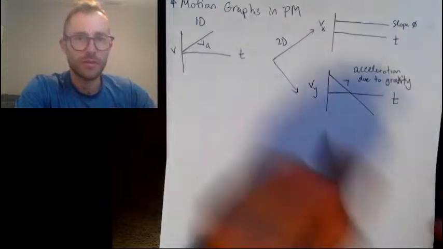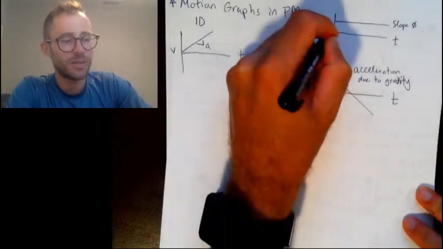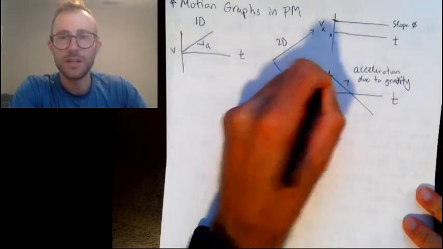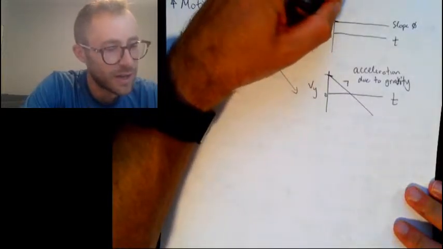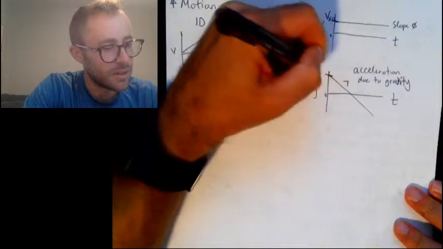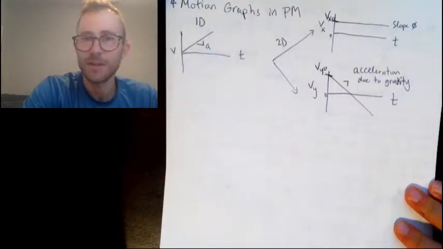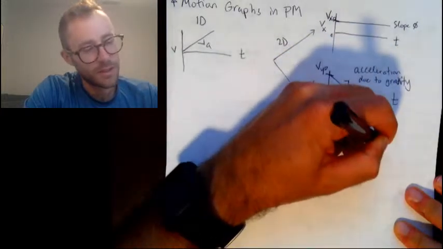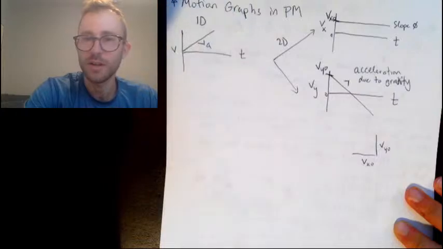The other thing we could do is we could look at what is happening at time 0. The intercepts of these graphs are the initial values of the velocity. So this is the initial x velocity, and this is the initial y velocity. Okay? So that tells us the initial y velocity, initial x velocity.